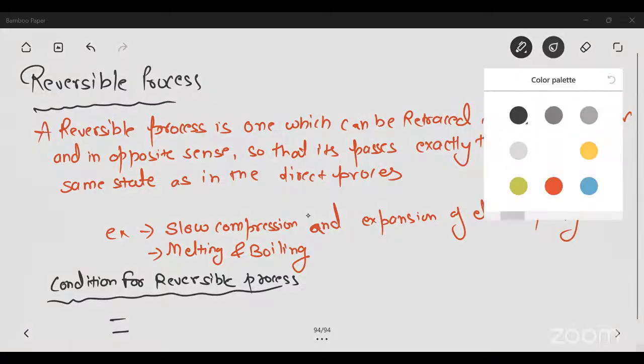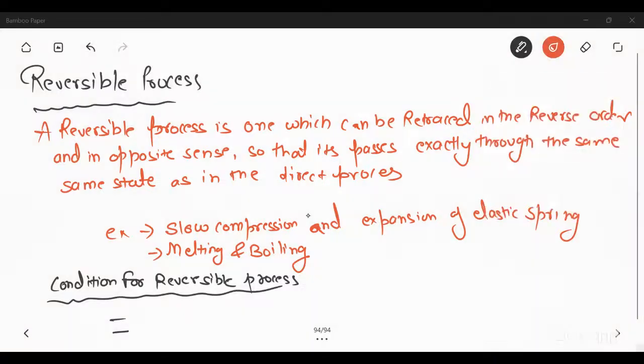First is all steps must be slow. And second one is loss of heat due to friction should be absent.